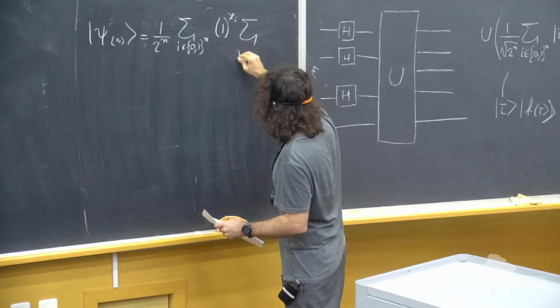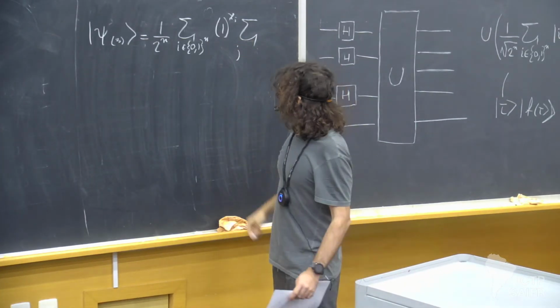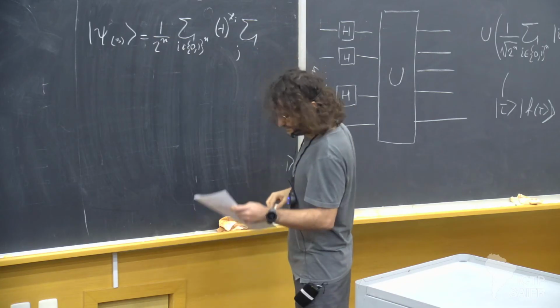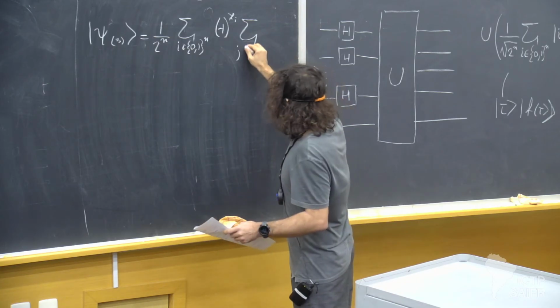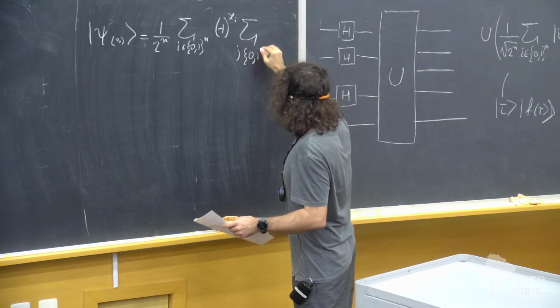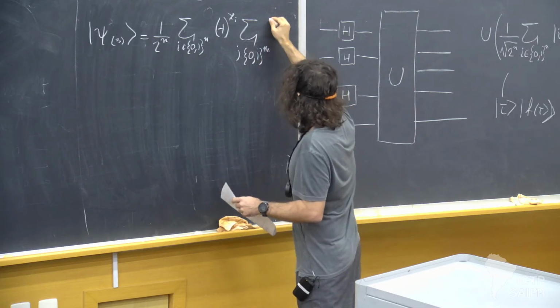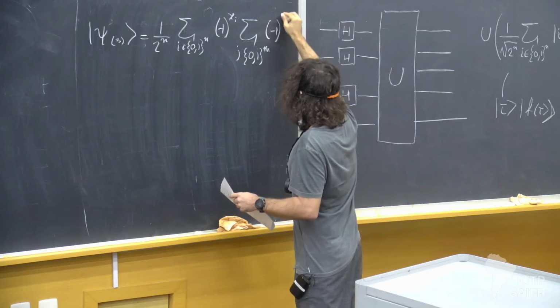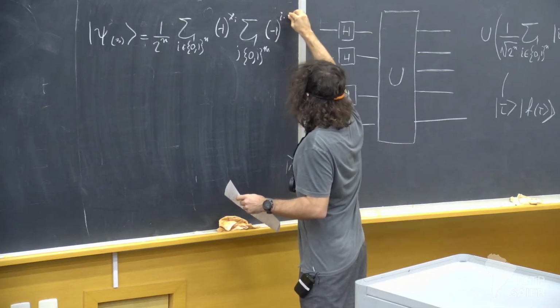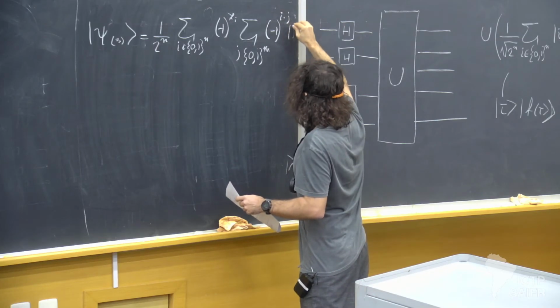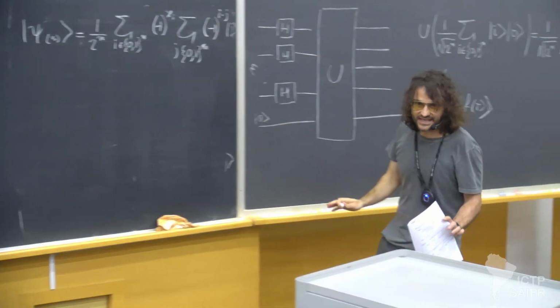Using again what we learned, this is another (-1)^{i scalar product j}. So this is the result.